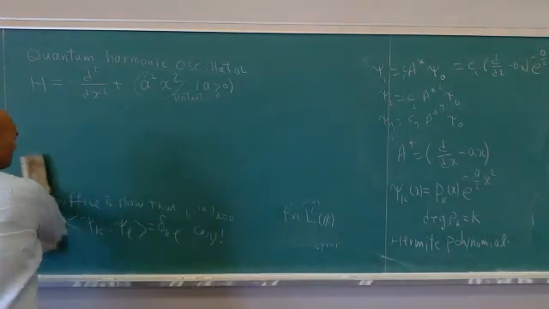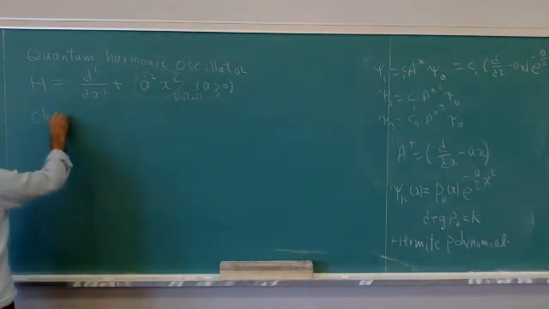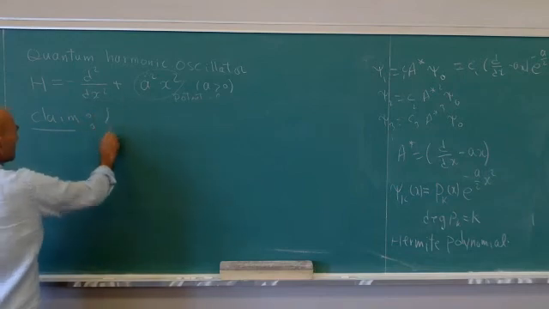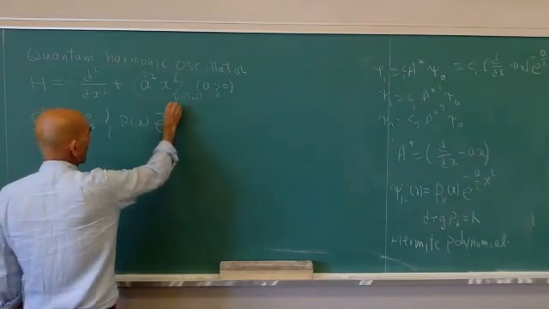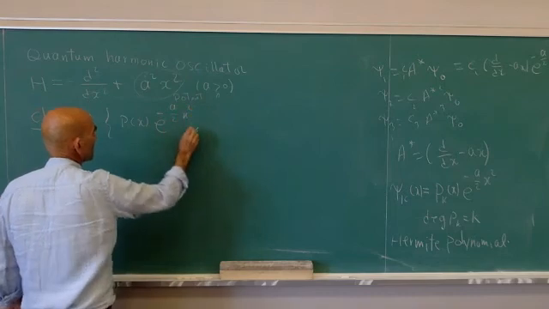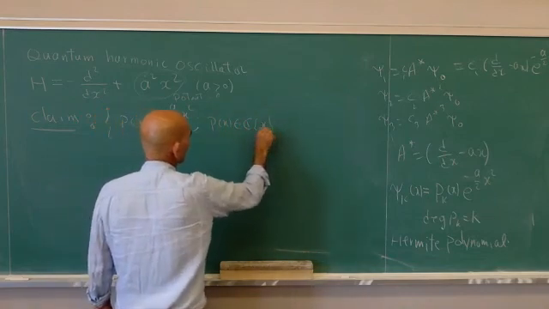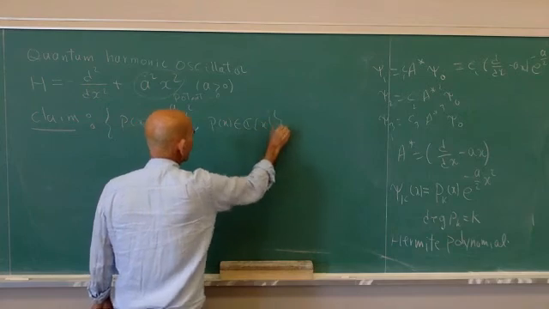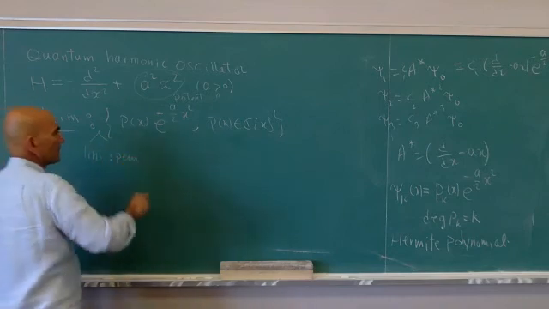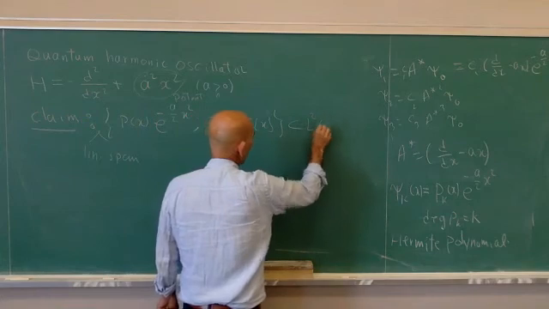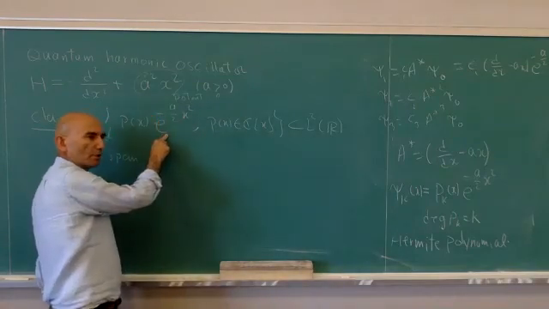Let me just write it. So now the claim is that the set of all p(x) times the exponential of minus a over 2 x squared, where p(x) belongs to C[x], a polynomial, I would say the linear span of these things inside L2 of R. Remember, all these are in L2 of R because of this damping factor that's there.